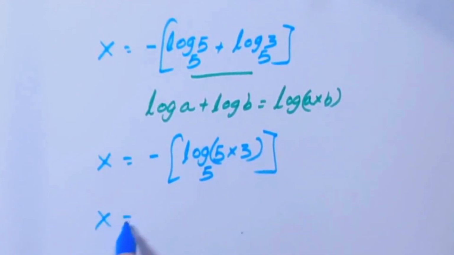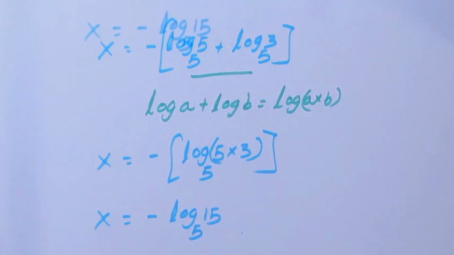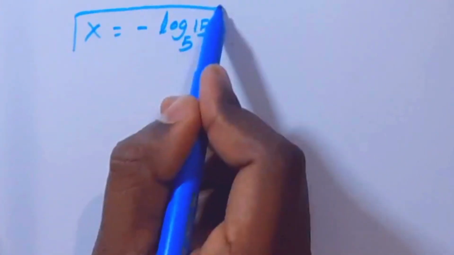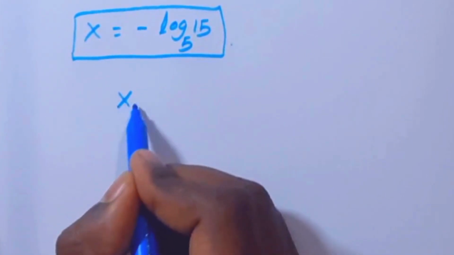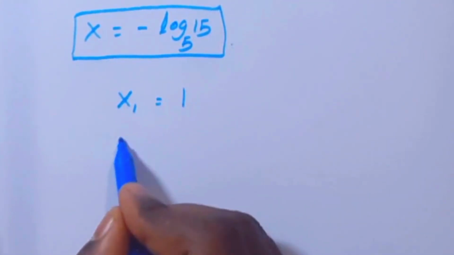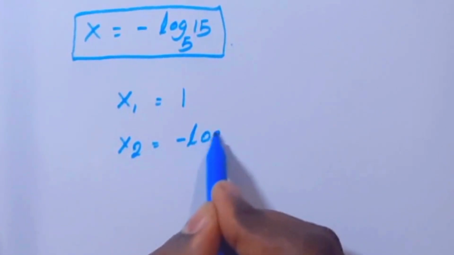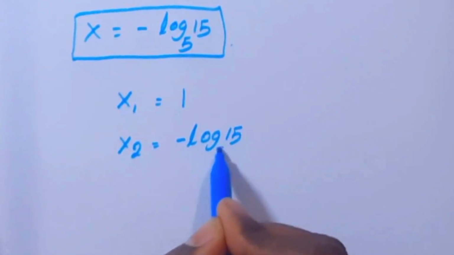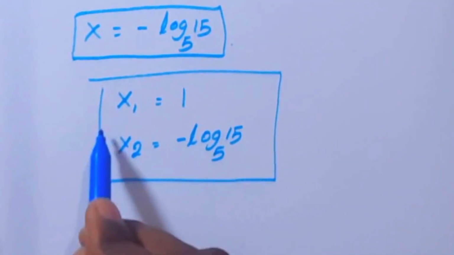So x equals minus log 15 base 5. This is the solution. So we have two solutions. One is x1 equals 1, and x2 equals minus log 15 base 5. These are the two possible solutions for the equation.